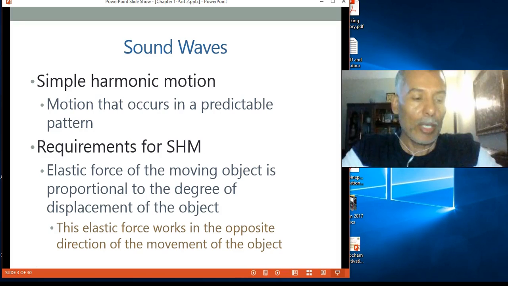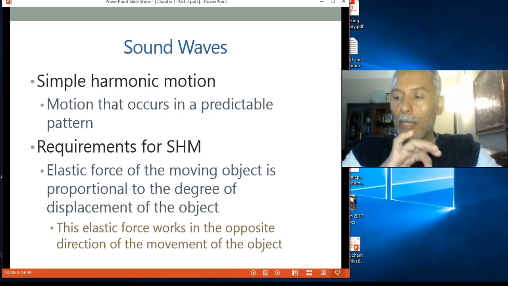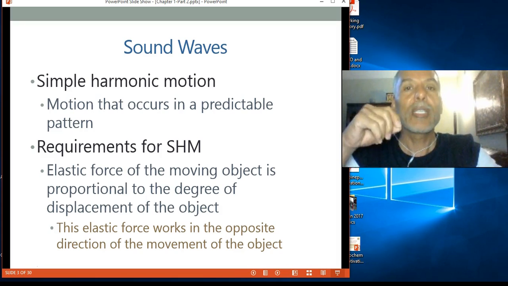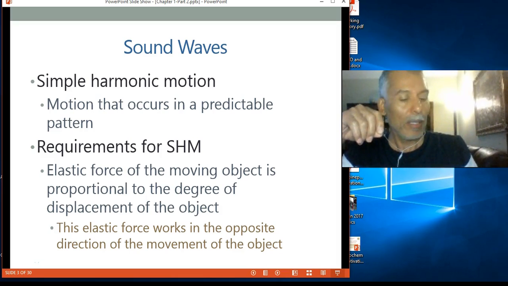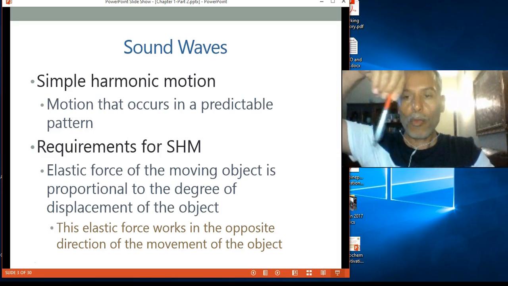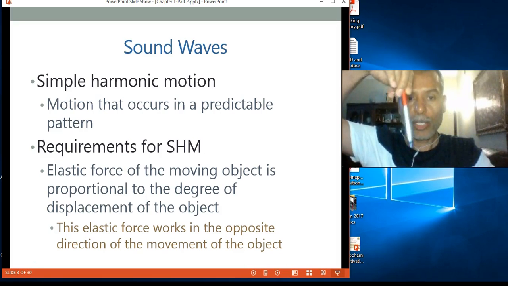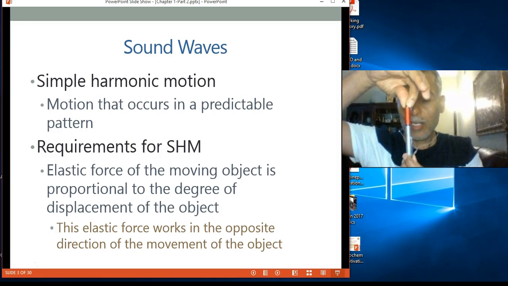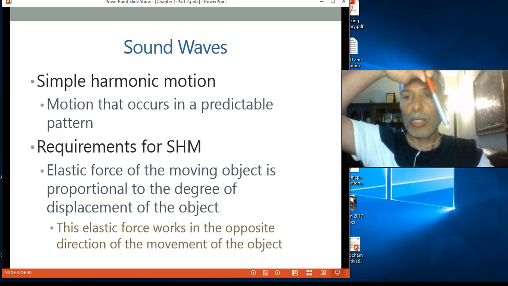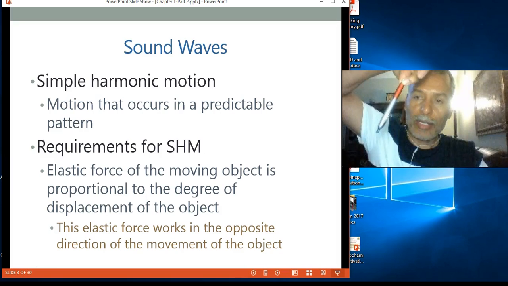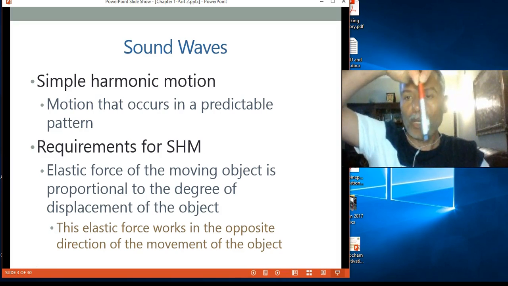Simple harmonic motion is a motion that is produced in a predictable way. So it is back and forth, like the movement of a pendulum. So here's the rest, and I want to make a movement. I go, say, 3 inches in this direction, go back to rest, and 3 inches in that direction, just like a pendulum or a swing.